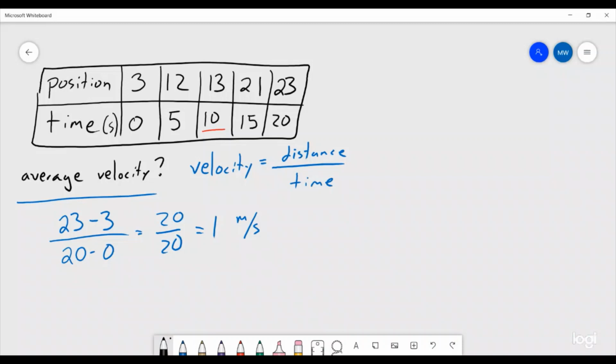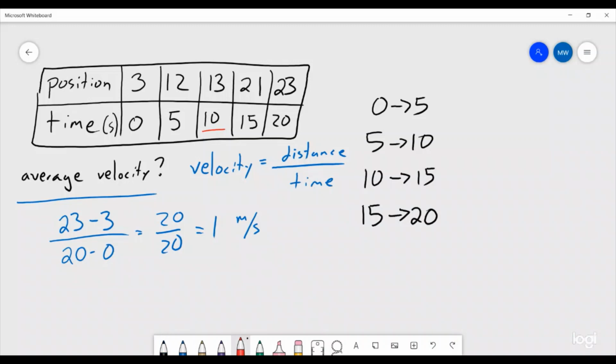So for these different intervals, we're trying to figure out which of these has the largest average velocity over that specific time interval. What we could do is figure out the velocity over each of these different intervals.